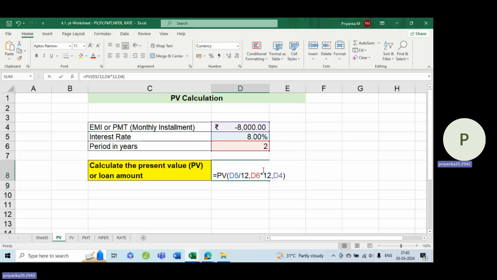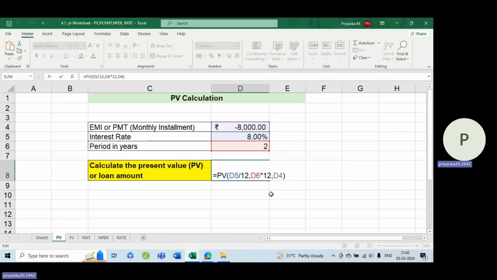So this is going to be the amount which I have to pay. You may wonder why I have divided it by 12 and multiplied by 12. As we have seen earlier, you're paying it monthly. Monthly installments are being paid, but the number of periods is in years, so obviously you have to multiply and divide by 12.